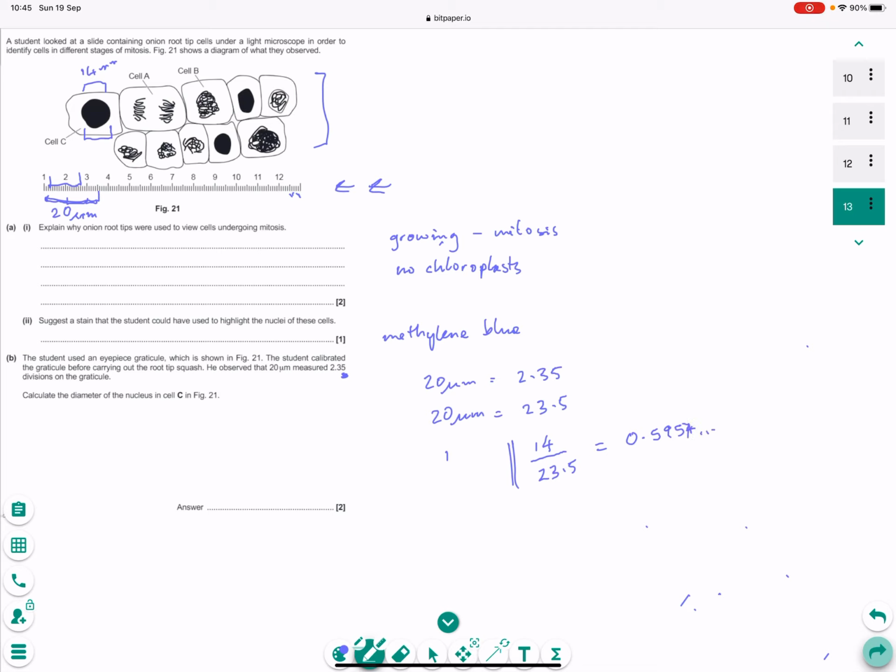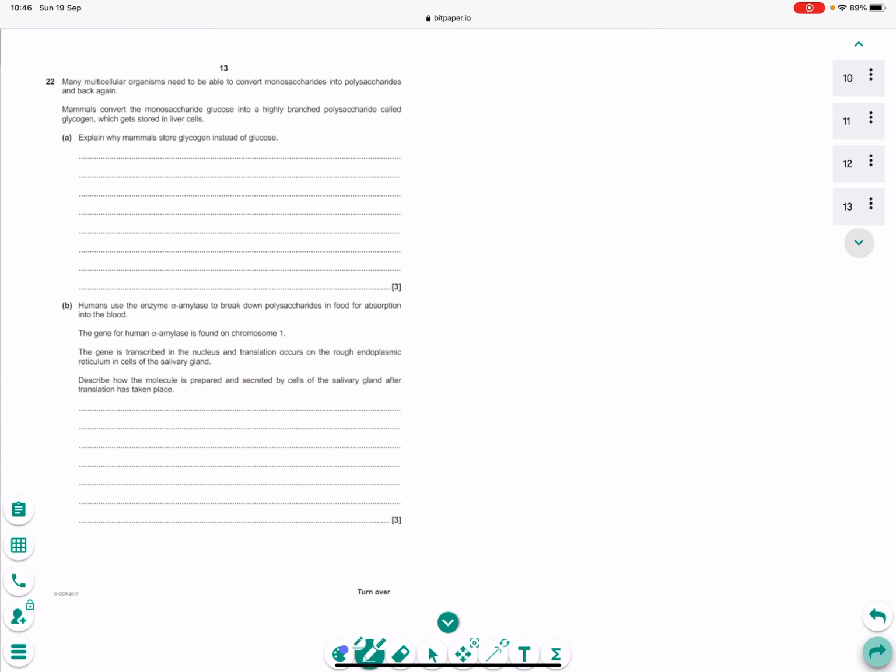But you've got to times that by your 20 micrometers to get it proportionately smaller. I got 11.9. As I say, I can't really stop and explain everything. Just maybe that gives you a sense of how to look at that maths question. You can ask if you want fuller details.